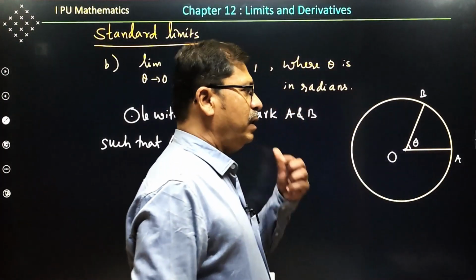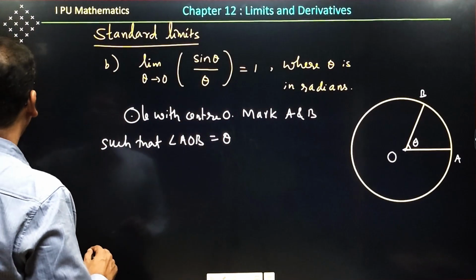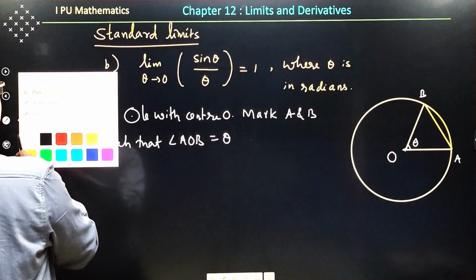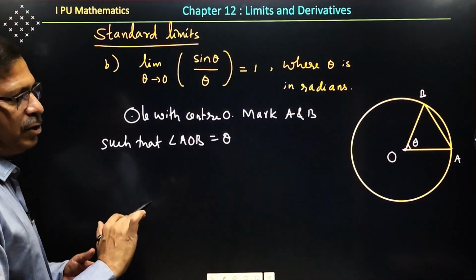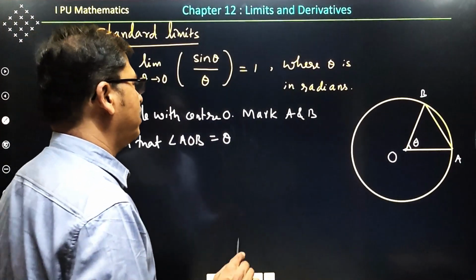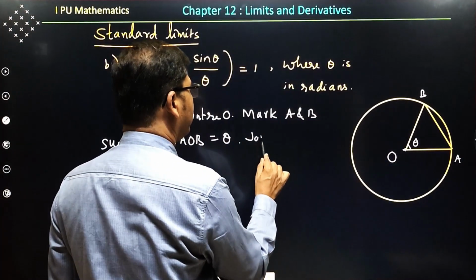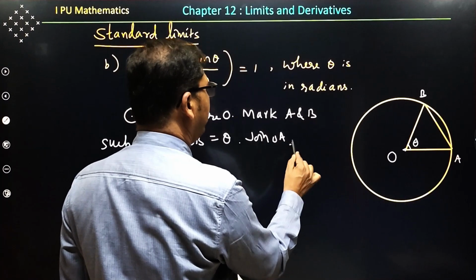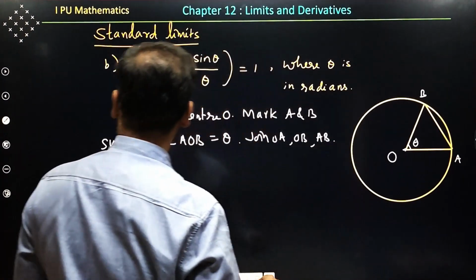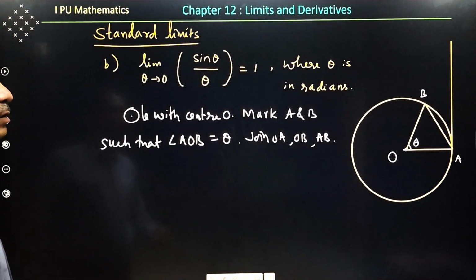And further, at the point A, you need to draw a tangent, and then join OA, OB and AB.